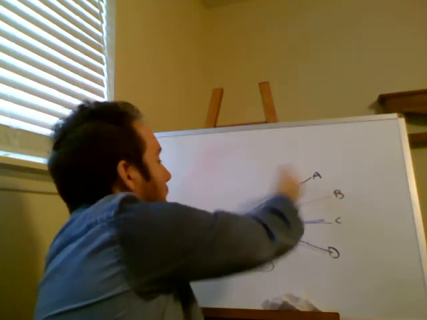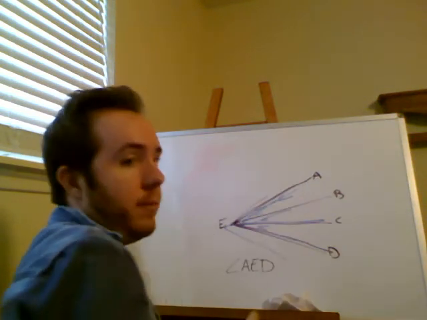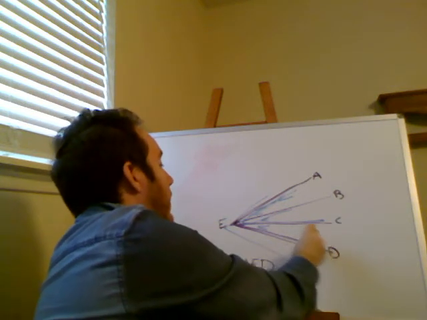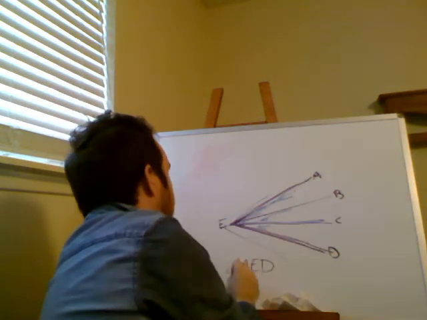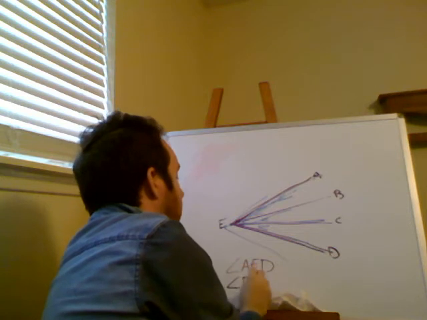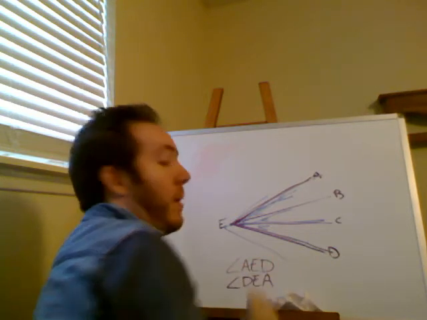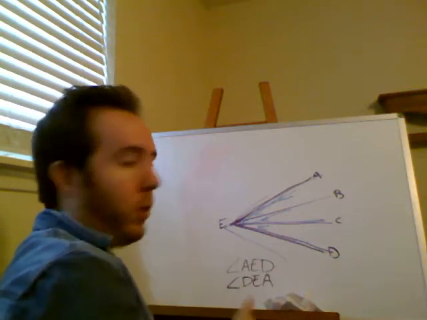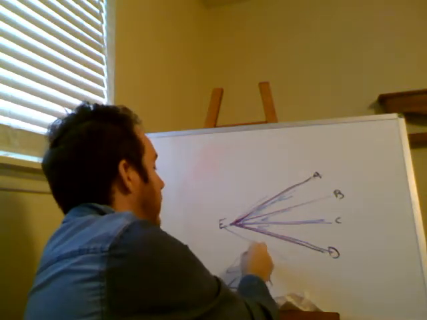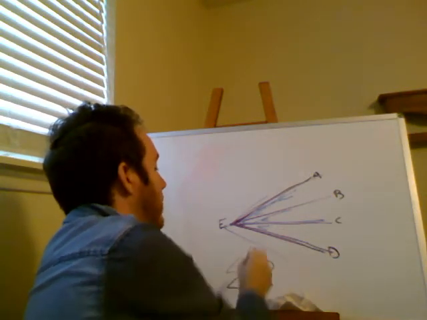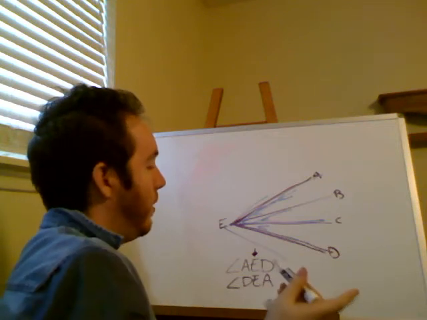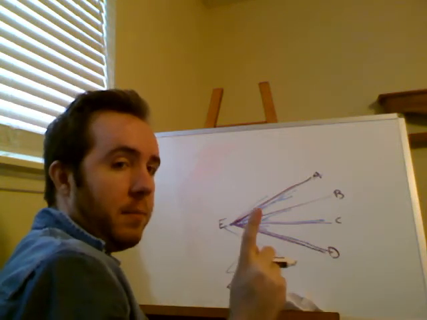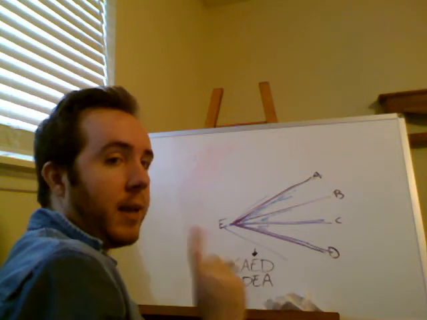So you start at A, you go to E, and you end at D. We could also draw it this way, D to E to A. And if I called an angle DEA, that would actually be the same angle as AED. As long as the middle letter is the same, we're talking about the same angle.